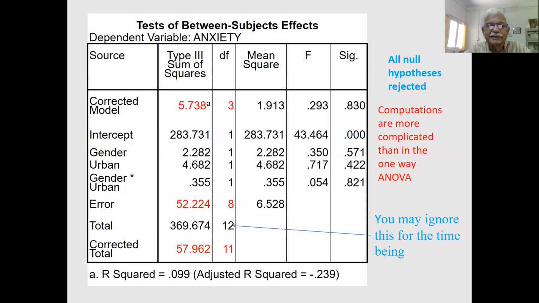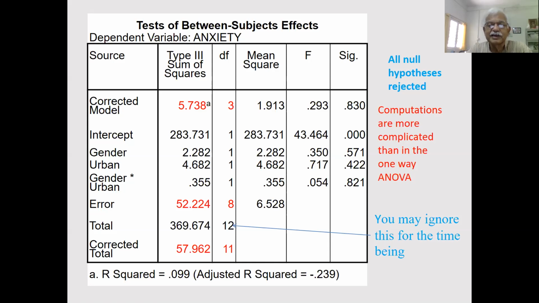Then for error term, you have 52.224, and degrees of freedom is 8, and mean sum of square is 6.5.